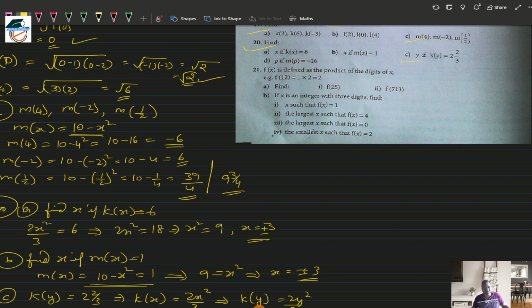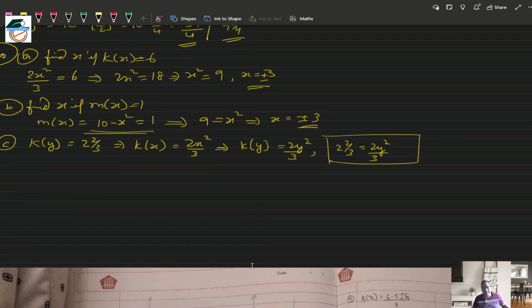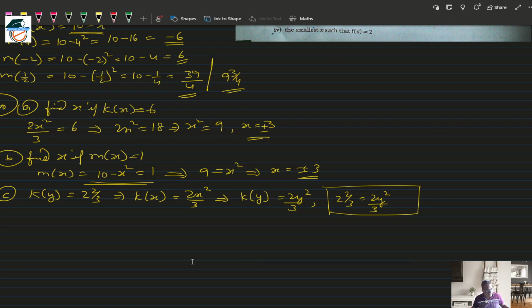Now k of y is equal to 2 by 3. So can I write here 2 by 3 is equal to 2y square upon 3. So from here we'll have to find out y. So 2 by 3 can be written as 8 upon 12.